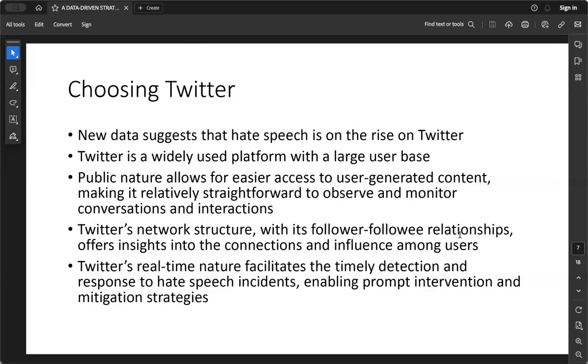Another feature is Twitter's real-time nature that facilitates the timely detection and response to hate speech incidents, enabling prompt intervention and mitigation strategies. All of these reasons combined motivated us to use Twitter as our graph data so that we can implement our modified PageRank algorithm.